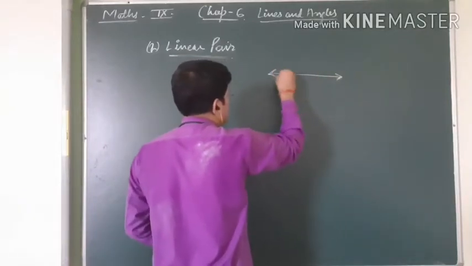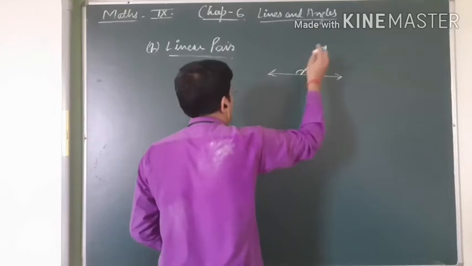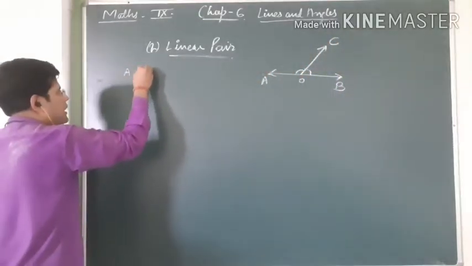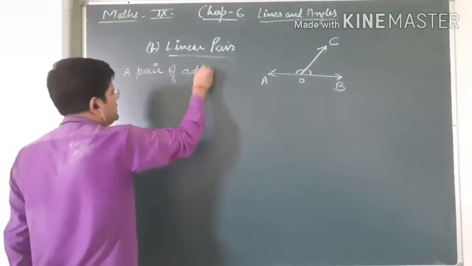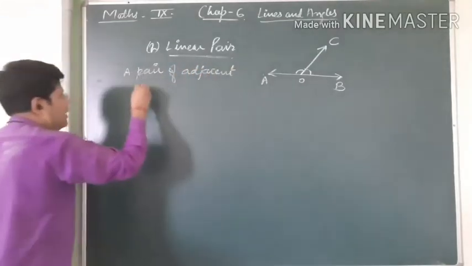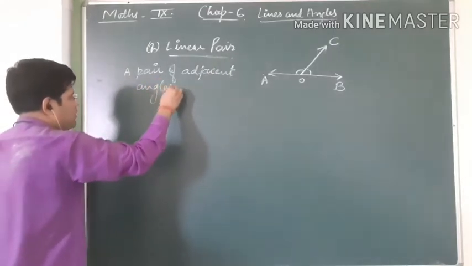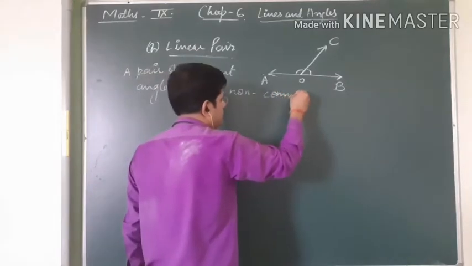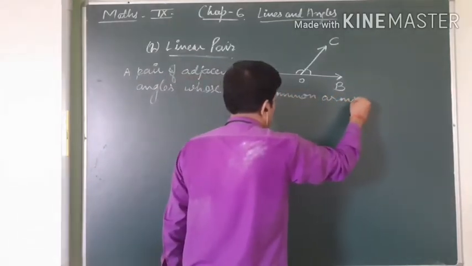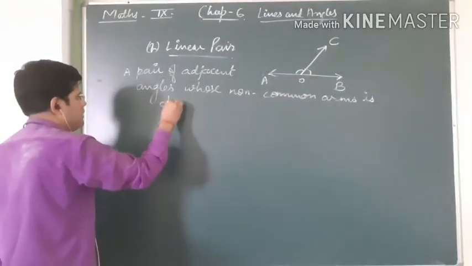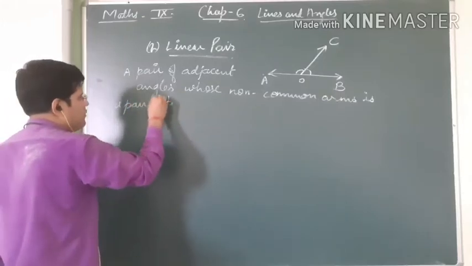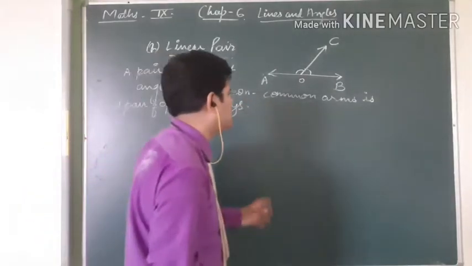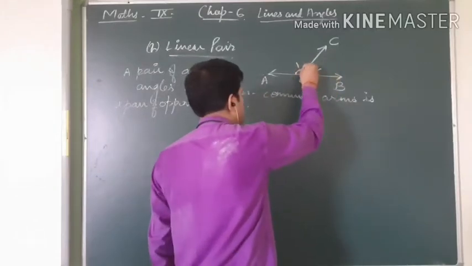A pair of adjacent angles will form a line, O, A, B, C. A pair of adjacent angles whose non-common arms are a pair of opposite rays.